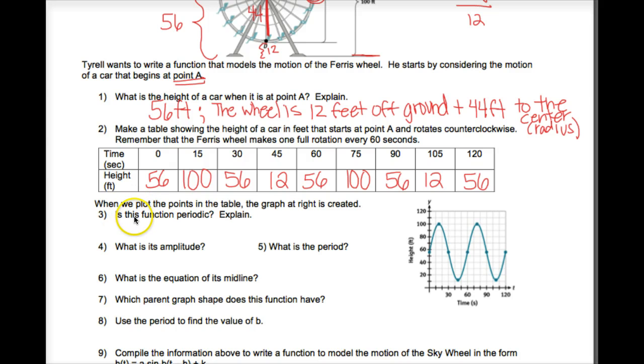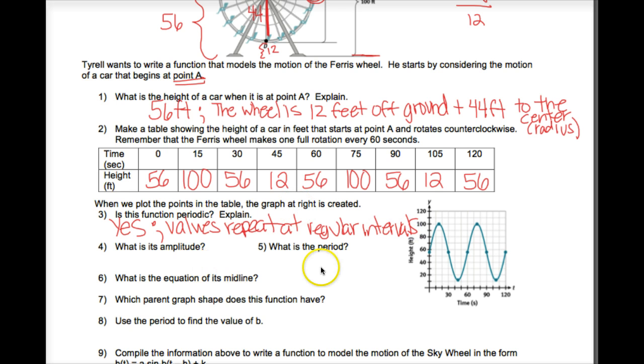All right, that shouldn't have taken as long as the other ones, so hopefully you've got that answered. Yes, this is periodic. This is what we did in section 34.1 when we said that the values repeat at regular intervals. So yes, this is periodic.